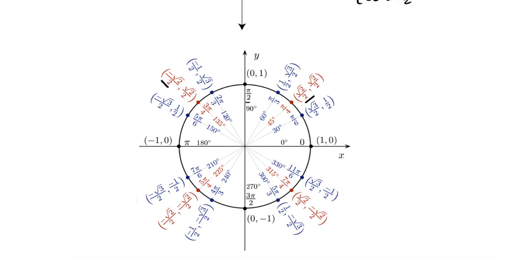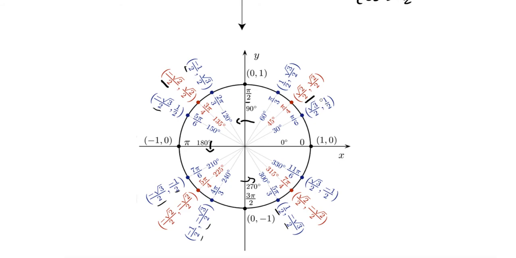On this side of the y-axis, our x coordinates are all negative. Here, we're on this side of the y-axis and this side of the x-axis, so both coordinates are negative. Below the x-axis and to the right of the y-axis, the x coordinate is positive and the y is negative. I did an explanation on quadrants in a previous video, so you can go check that out. And like I said before, only the angle measures are changing. The actual coordinate values themselves are not changing.